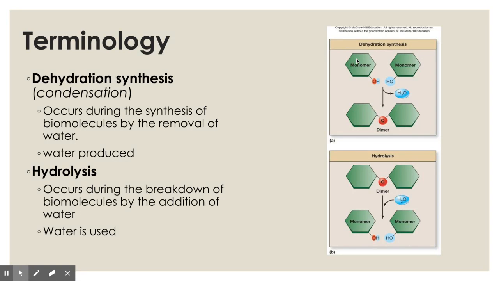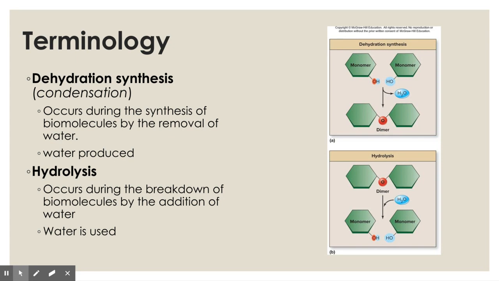We've got our monomer and our monomer. They have these little tail parts here that are going to react with one another. And when we react this and this together, we get water. And now we have a bond of these 2 monomers to make our polymer.